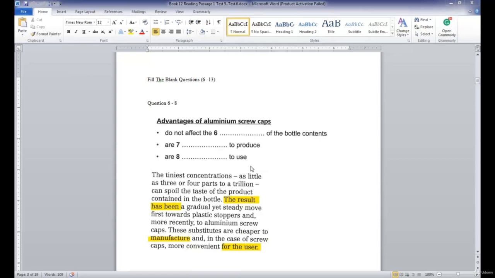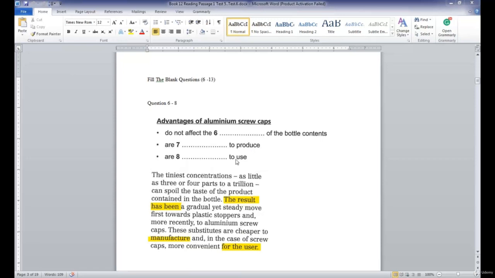To make fill the blank questions easy and fast, don't worry about understanding the whole sentence. Find the key word that the answer is connected to. The answer for number 7 has to be connected to the synonym for produce. The answer to number 6 has to be connected to the synonym for bottle contents, contained in the bottle.